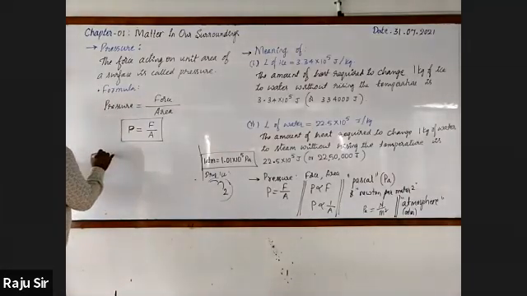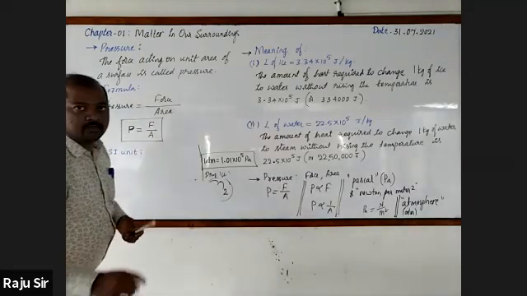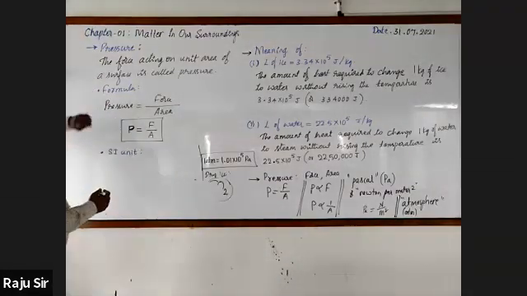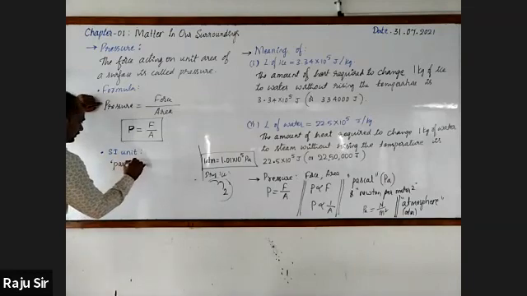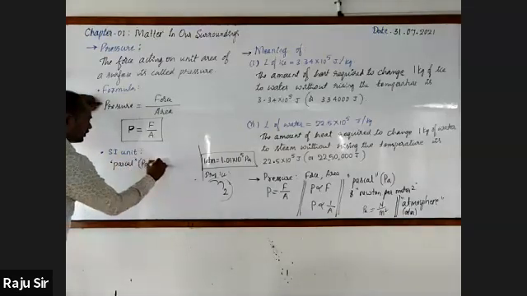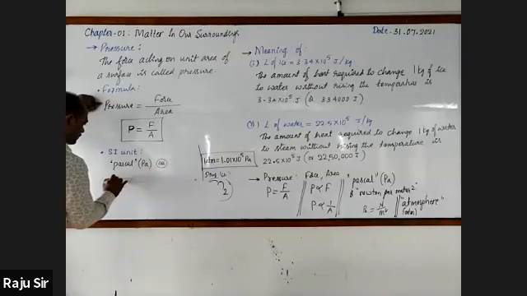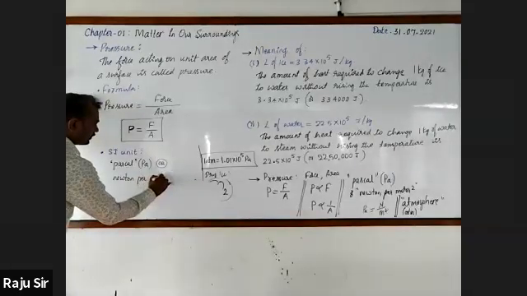Let us write the SI unit. The SI unit of pressure is Pascal. In bracket you write Pa. Or Newton per meter square.